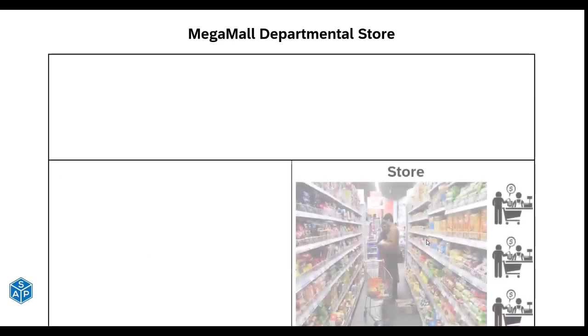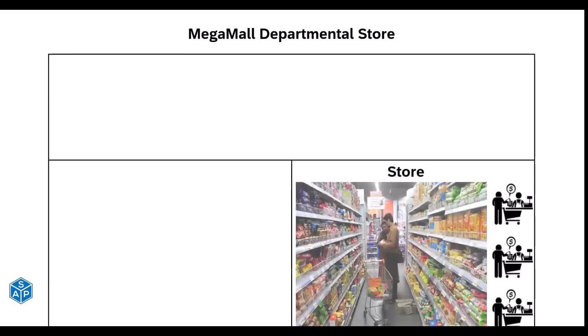Now what is the structure you see here? This is actually the building of the Mega Mall departmental store. They have a one-floor building, a ground plus one structure. On the ground floor, in half part of the premise, they have their store.